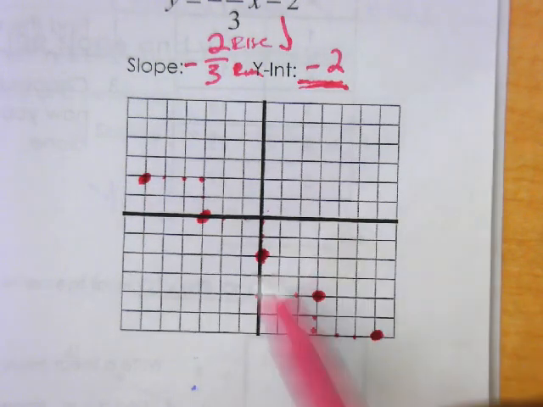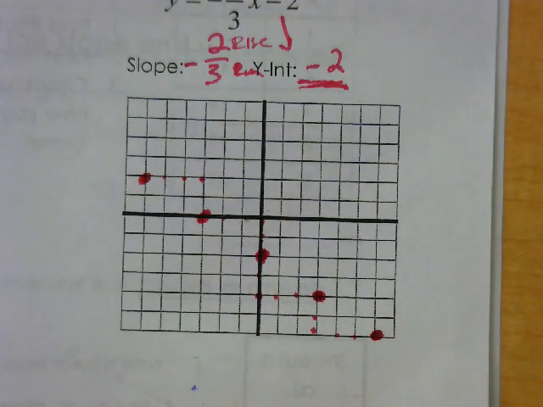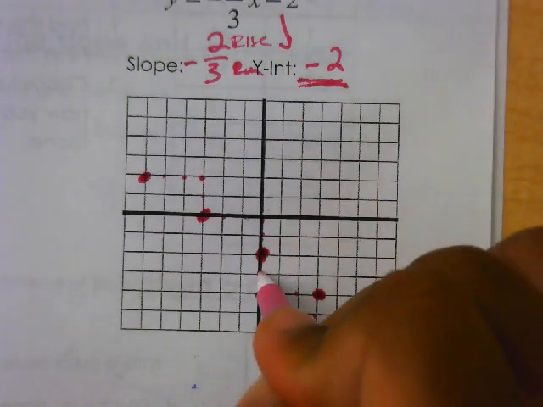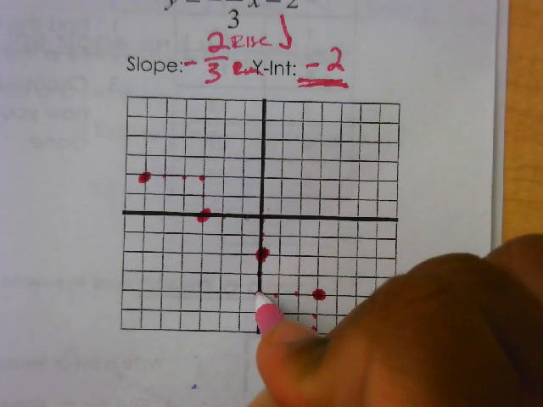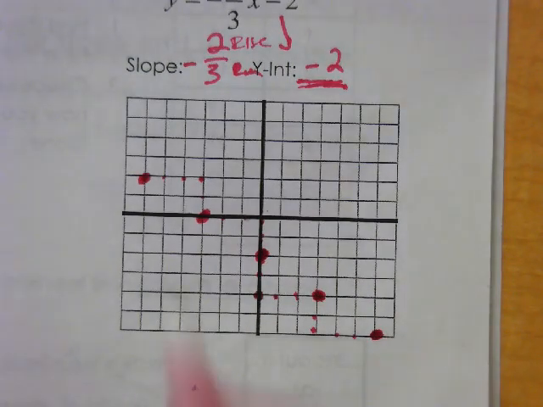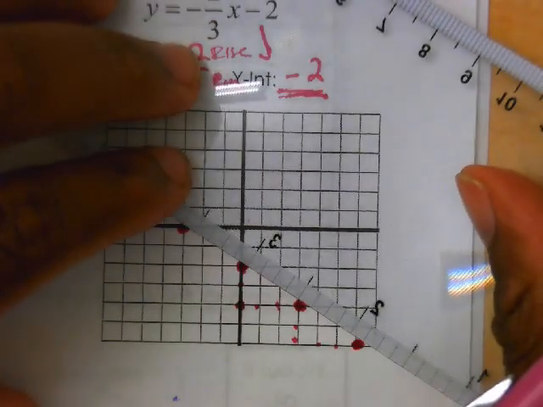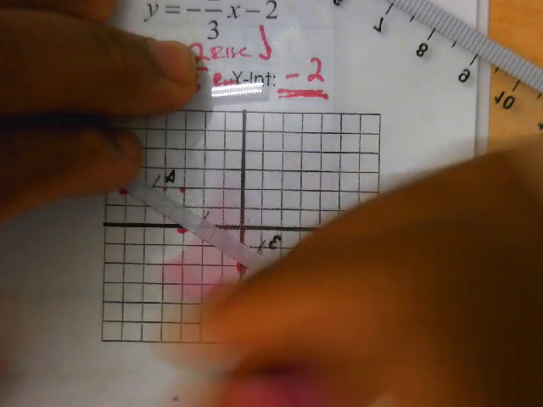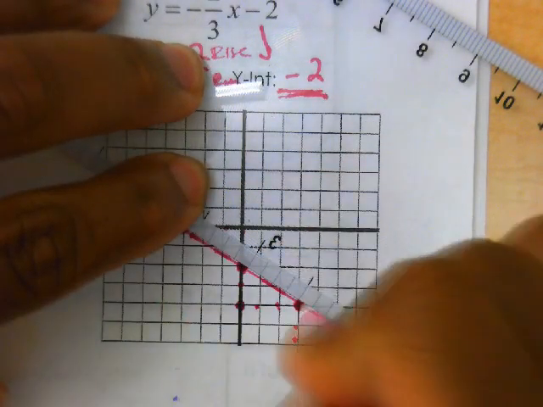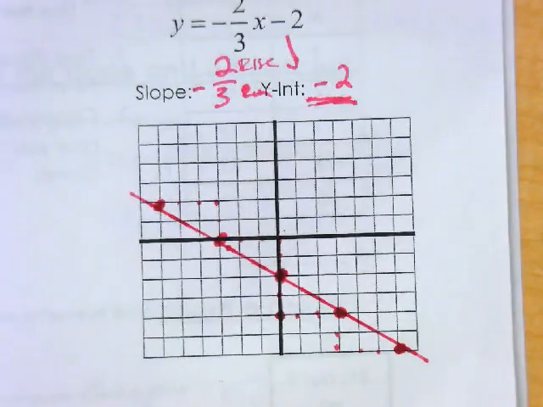But the proper way is to go down 1, 2, and then go to the right. So that slope, the rise was -2, so we go down 1, 2, and then the run was 3, so I go to the right, 1, 2, 3, and then we have our points. Now we have our line.